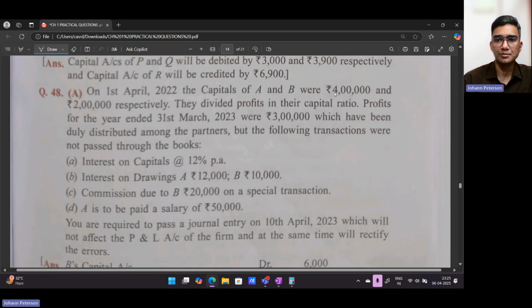What is the capital ratio? 4 is to 2. So profit sharing ratio is taken as 4 is to 2, that is 2 is to 1. 2 is to 1 is the profit sharing ratio.